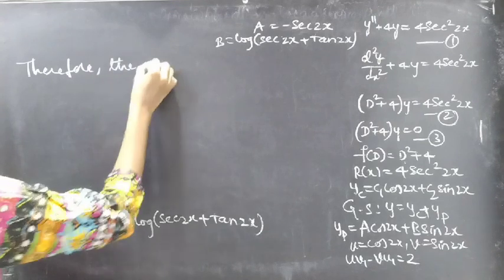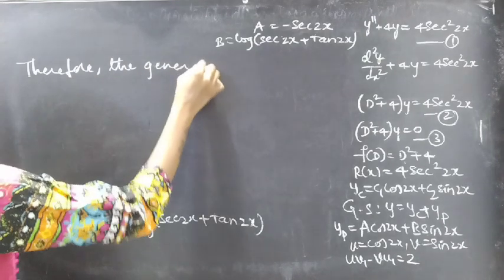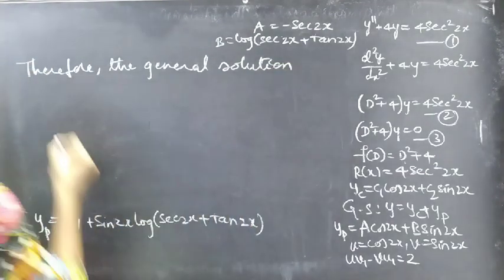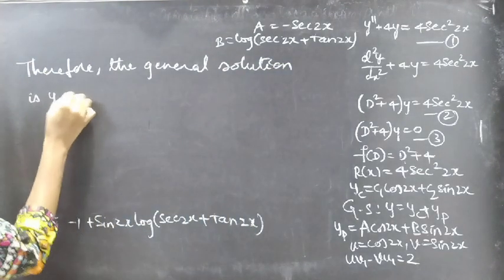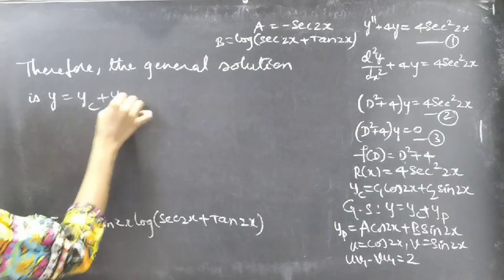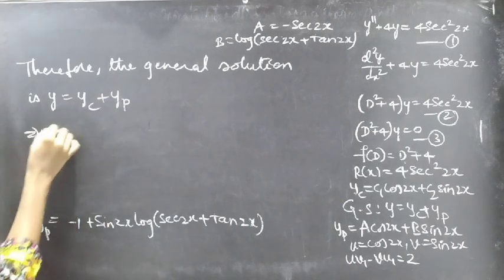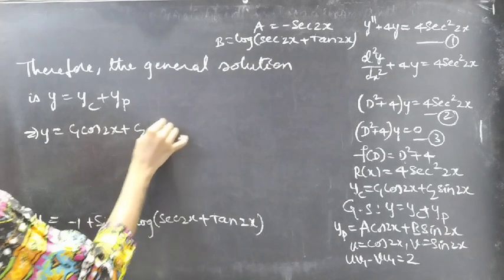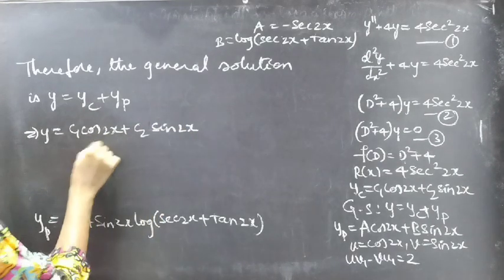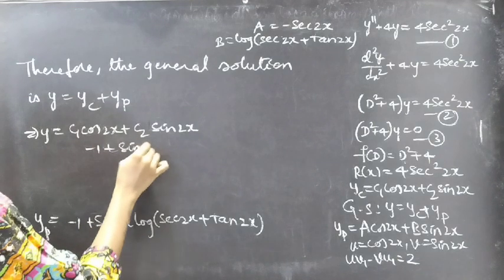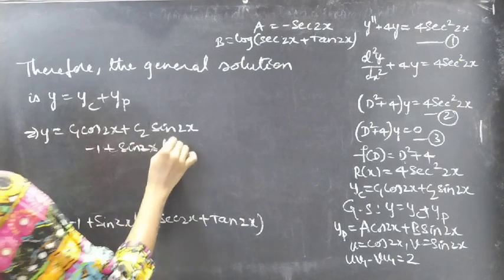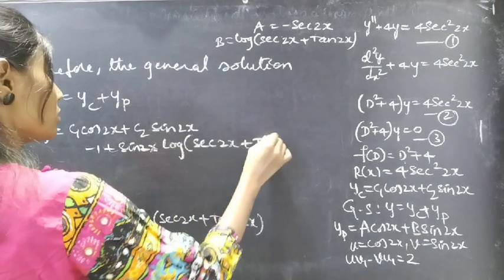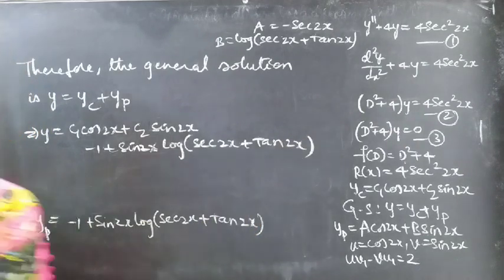Therefore, the general solution is given by y equal to yc plus yp. Then y equal to yc, c1 cos 2x plus c2 sin 2x, plus yp is minus 1 plus sin 2x into log of secant 2x plus tan 2x, right?